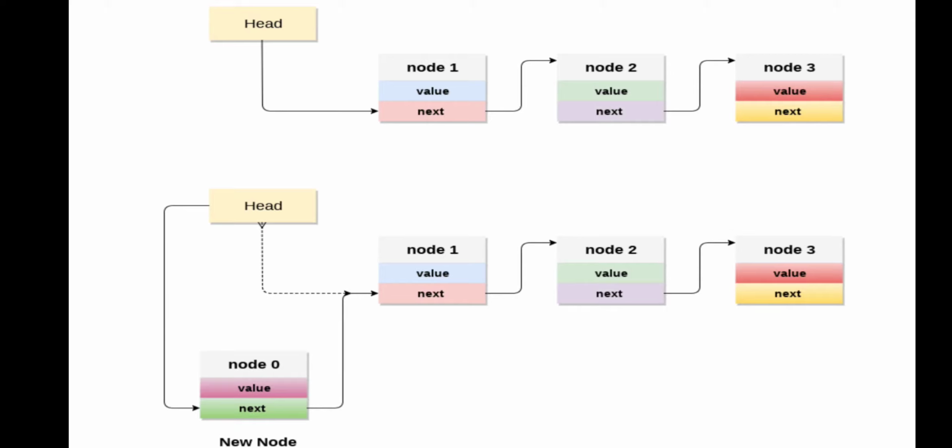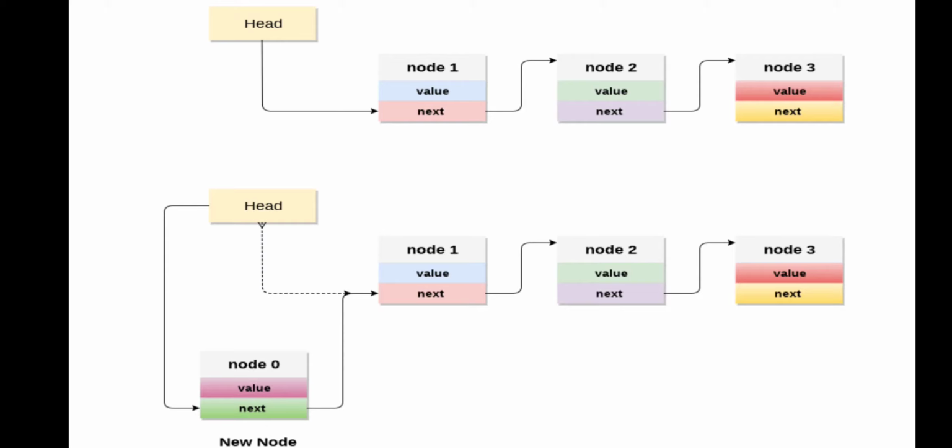Right? So here the new node contains node 0, value 1, next field. So the next field is connected to node 1, and this next address is connected with the head, and these dotted lines, head to node 1, those are disconnected. So initially dotted lines represent the initial representation.